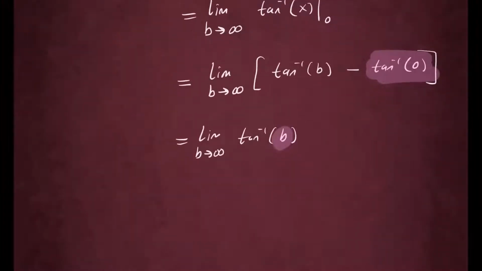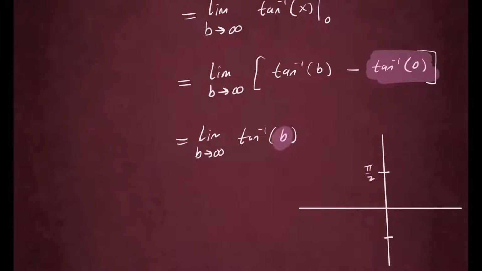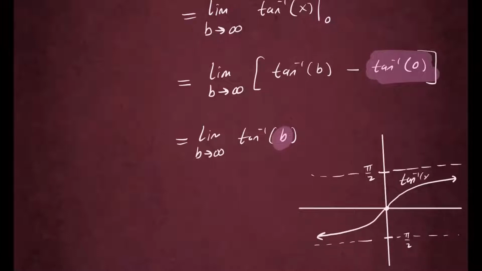Here, you might need to know the graph of tangent inverse, so you're familiar with how the behavior of the graph goes when it approaches infinity. So tangent inverse has two asymptotes, one here at pi over 2 and one at negative pi over 2. The graph passes through 0, because tangent inverse of 0 is 0, and it's going to create this shape, getting closer to its asymptote right here. And right here, it's going to get closer to the other asymptote. So these are the two horizontal asymptotes for tangent inverse.